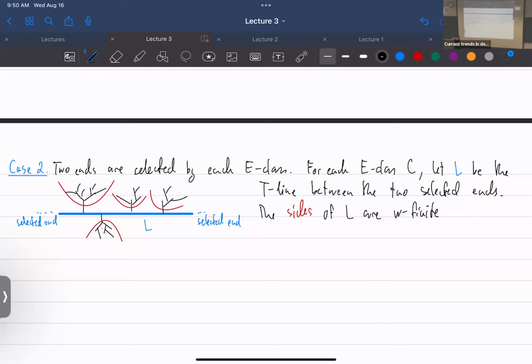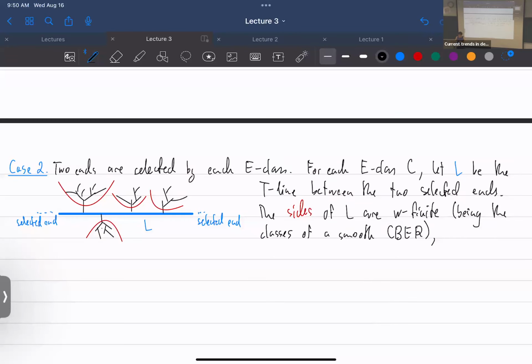Okay, so the sides of the line are W finite, being the classes of a smooth equivalence relation. Infinite?